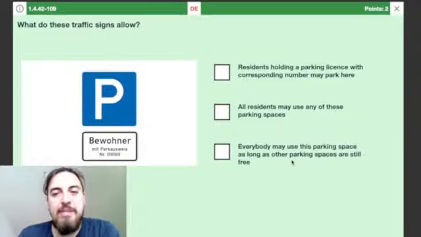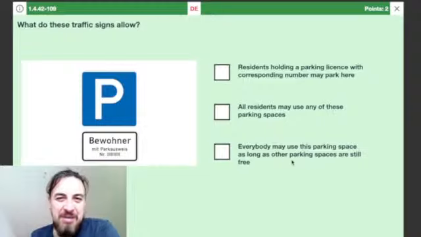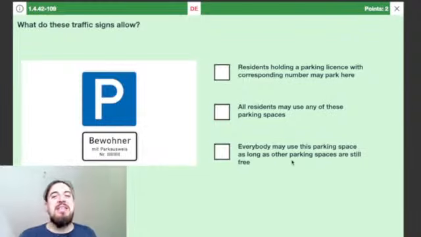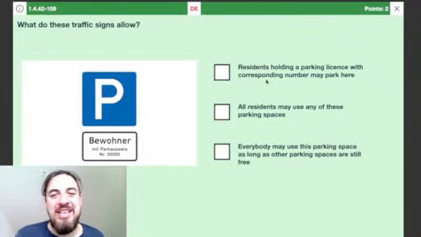All residents may use any of these parking spaces. Everybody may use this parking space as long as other parking spaces are still free. Well, you see, we're in Germany and everything is regulated, so even this parking space has a proper number and is registered, and if you don't hold the correct parking license, you can't use it. So it's just the first answer. Welcome to Germany.